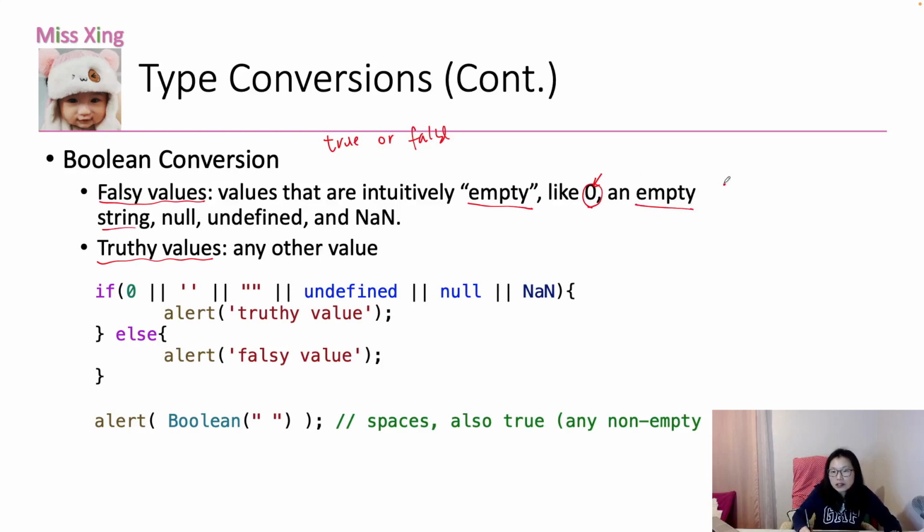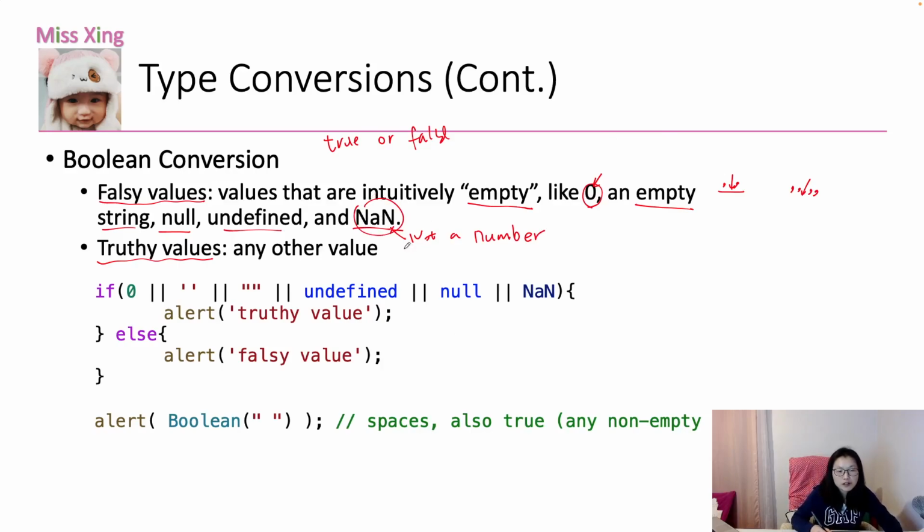You have two single quotes with nothing inside, or double quotes with nothing between them. So we think it's also falsy. And now undefined, and NaN, which means not a number. It's a special numeric value, not a number. I will show you how to get a NaN later.